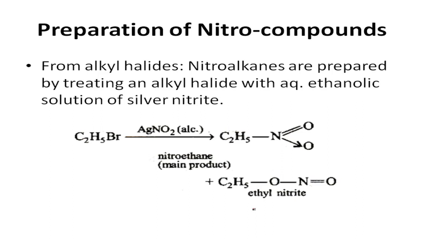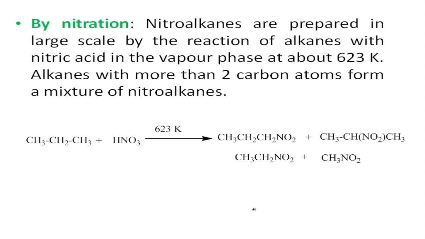The alkyl halide is mixed with the ethanolic solution of silver nitrate to give nitroalkanes. Then by nitration: nitroalkanes are prepared on a large scale by the reaction of alkanes with nitric acid in the vapor phase at about 623 Kelvin. Alkanes with more than 2 carbon atoms form a mixture of nitroalkanes.